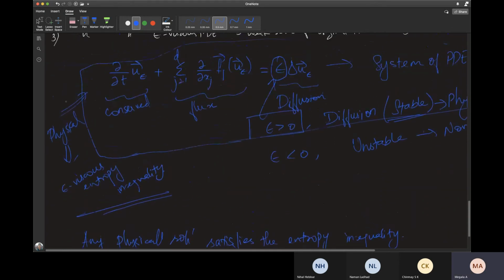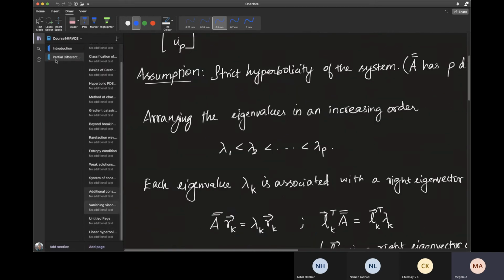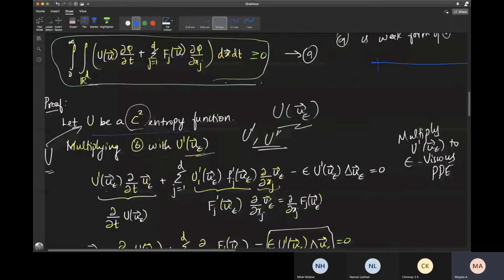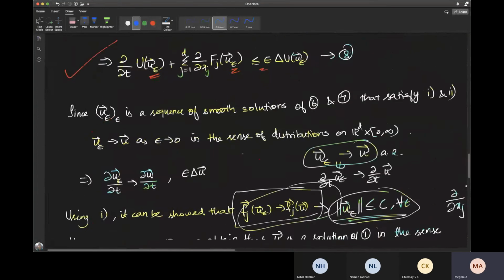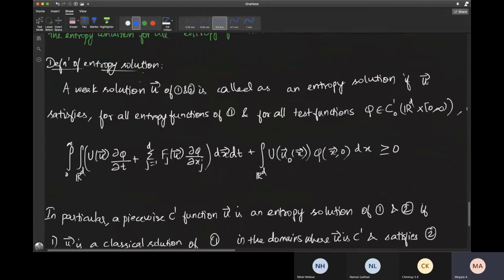So with this being the final takeaway, we'll make some arguments right now. We'll try to define what an entropy solution is. Now we have just understood, so let's define what a physically relevant entropy solution is. We have seen classical solution and we have seen weak solution.